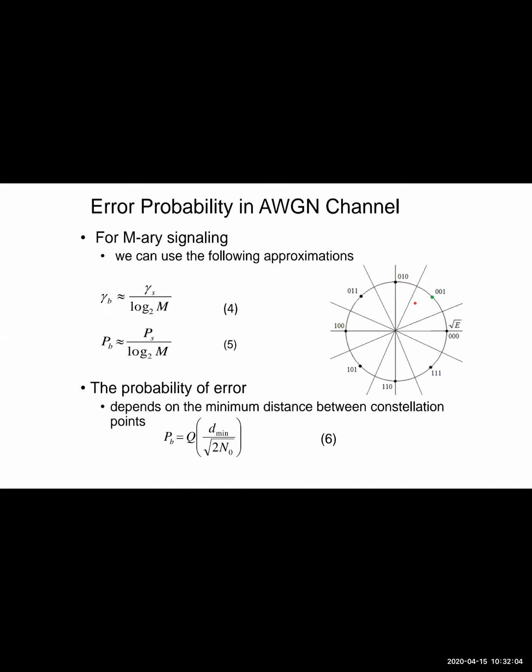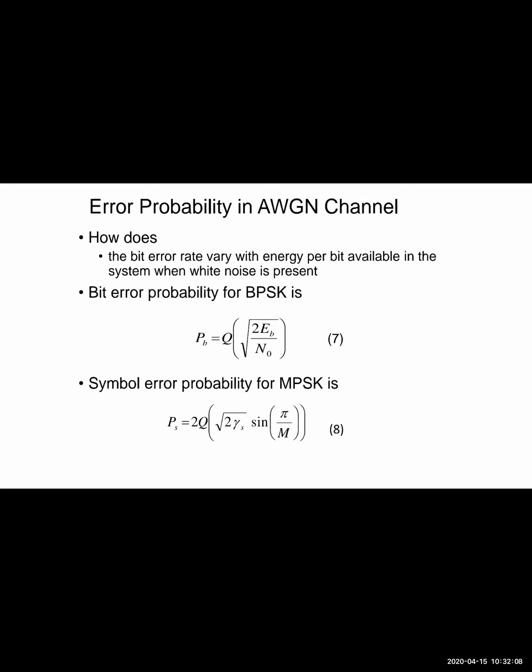And based on that, we will come to equation 7 and then equation 8. Okay. Can you get a relationship between equations 6, 7, and 8? Yes, sir. So all that we need is that if it is BPSK, we can determine the D minimum.